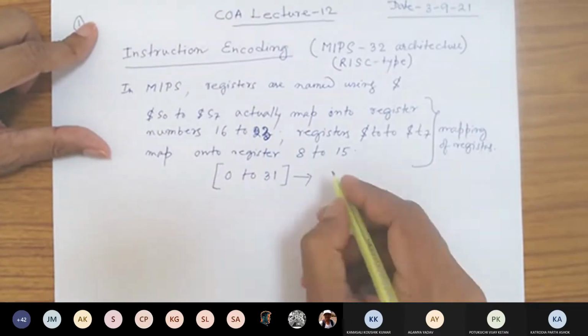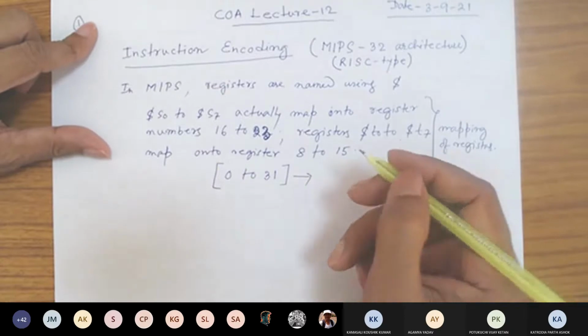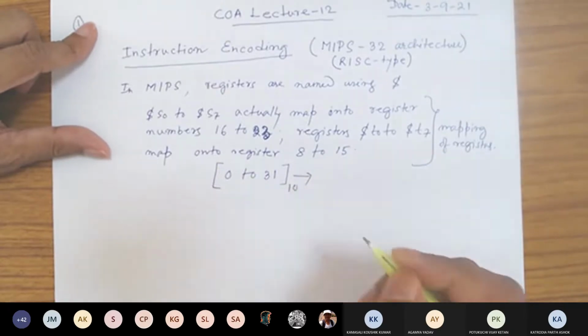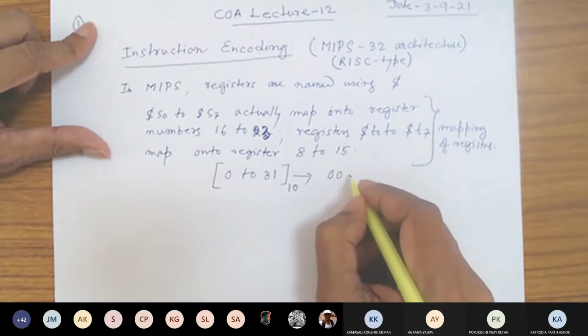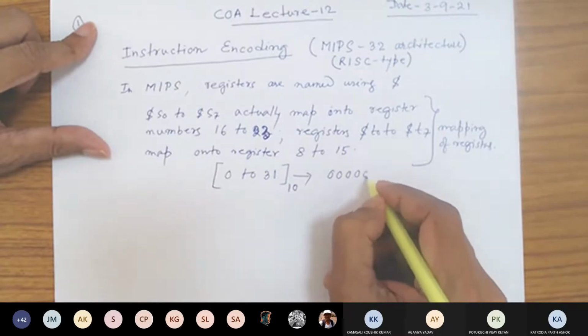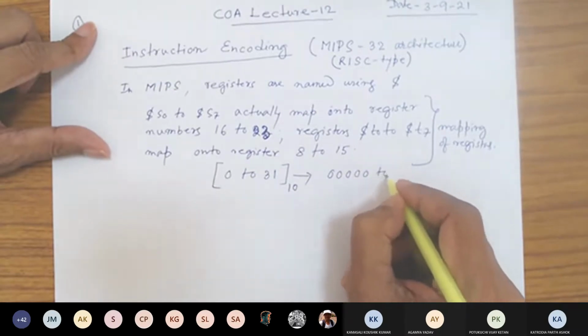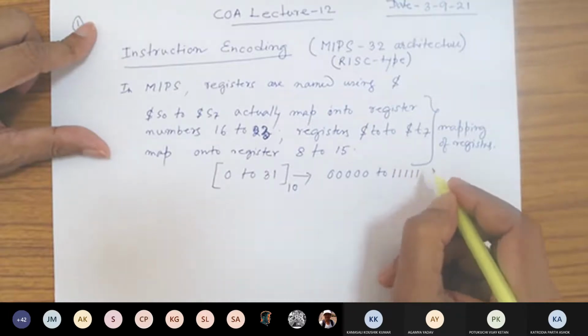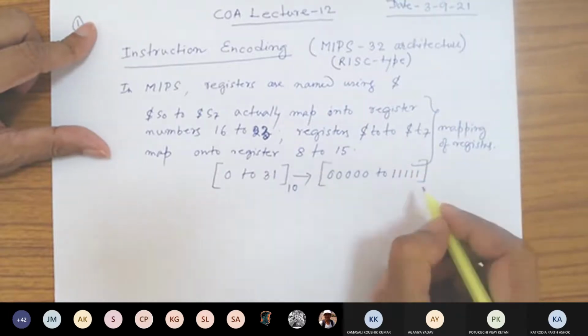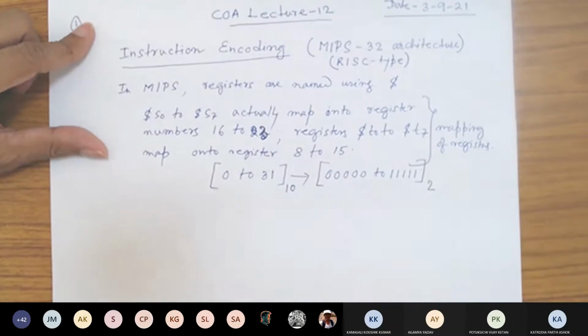So you know that the values in binary, this is obviously decimal, the values in binary will be 0, 0, 0, 0, 0, up to 1, 1, 1, 1, 1. So this is in binary.